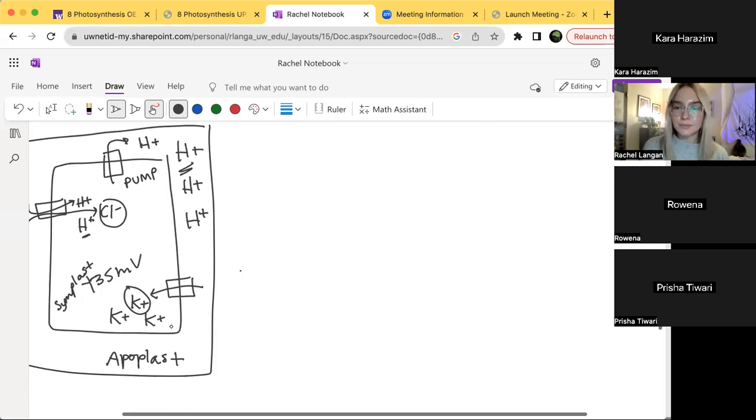Okay, and then for the hydrogen and the chlorine one, why does the chlorine enter? Is that all we need to know? When the pump pumps out hydrogen, it's creating a high hydrogen out, low hydrogen in. The importer is going to move the hydrogens high to low, and it takes chloride.